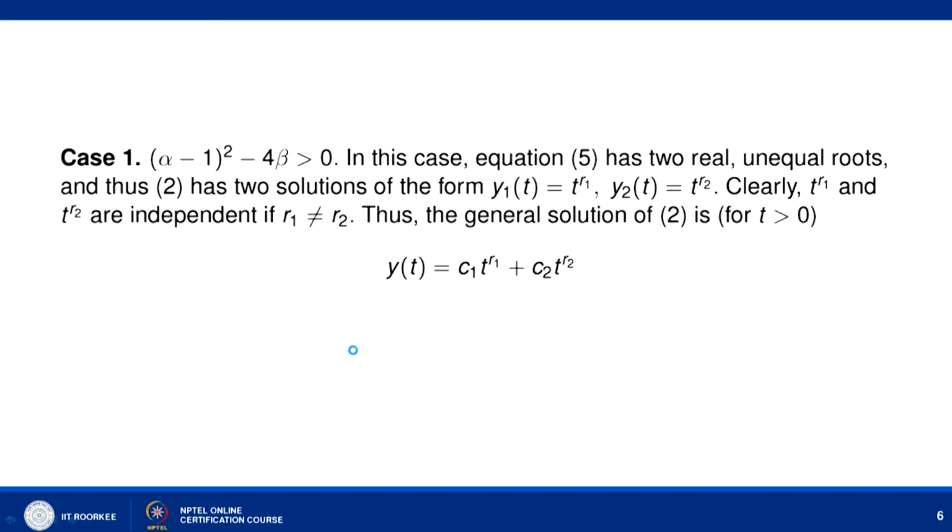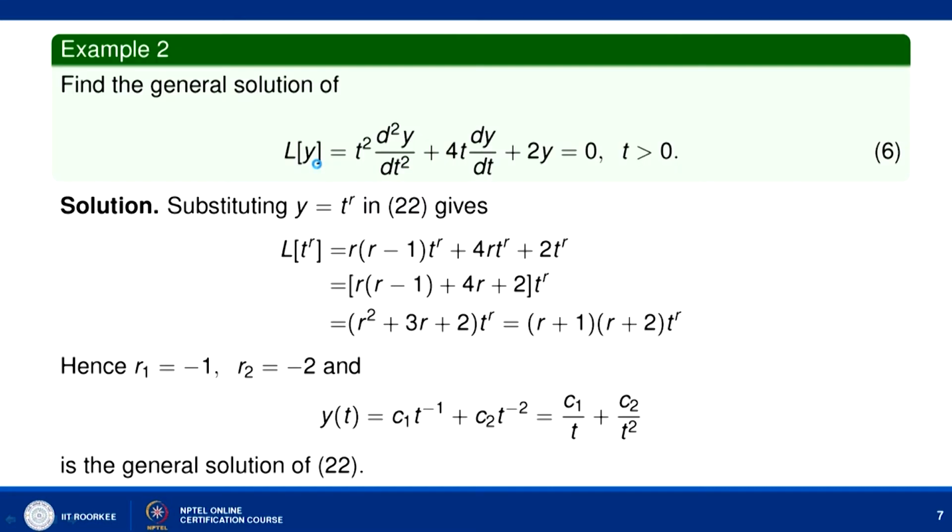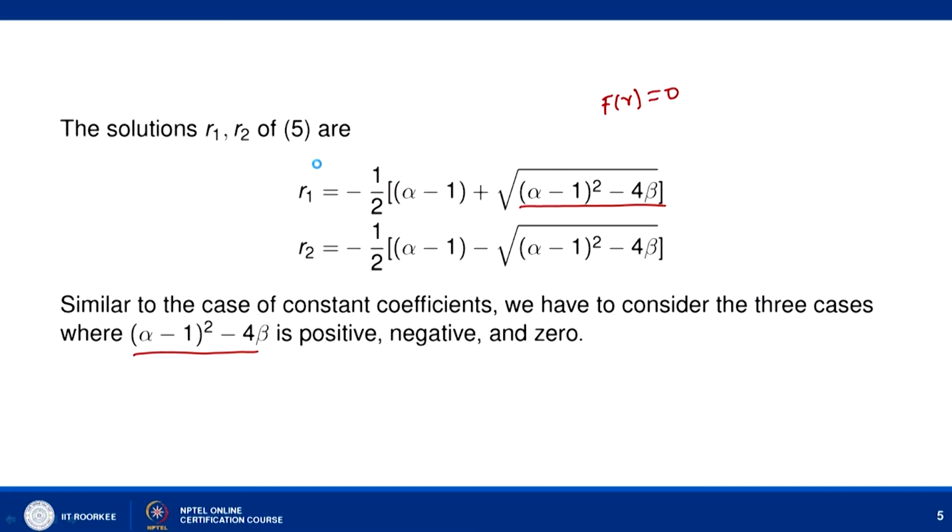So, let us say case 1, where alpha minus 1 whole square minus 4 beta is greater than 0. Here, the quantity in the square root is positive. So, it means that now we have two different values r1 and r2, where r1 is equal to minus 1 by 2 of alpha minus 1 plus some quantity which you can easily calculate by taking the square root.